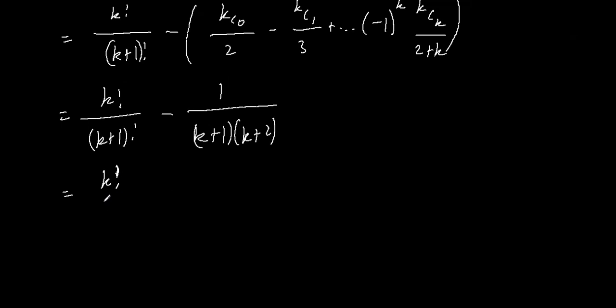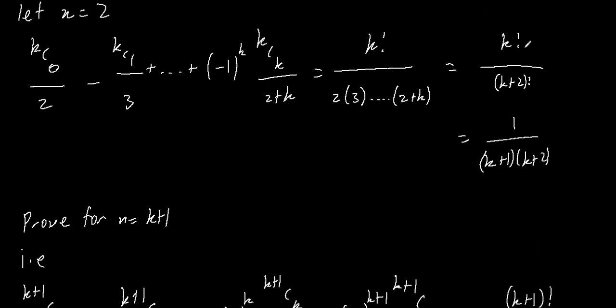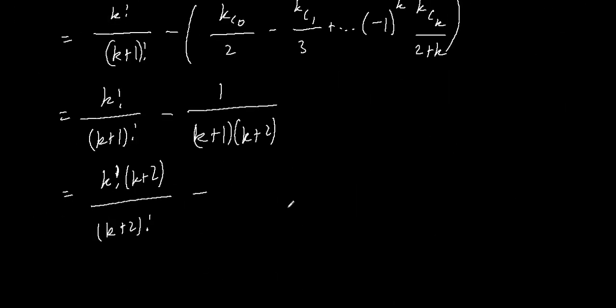K factorial. Now this is k plus 2, so I have to multiply by k plus 2 here. That's cool. All over k plus 2 factorial, minus, now you want this in terms of k plus 2. This thing is the same thing I simplified before, which is k factorial over k plus 2 factorial.